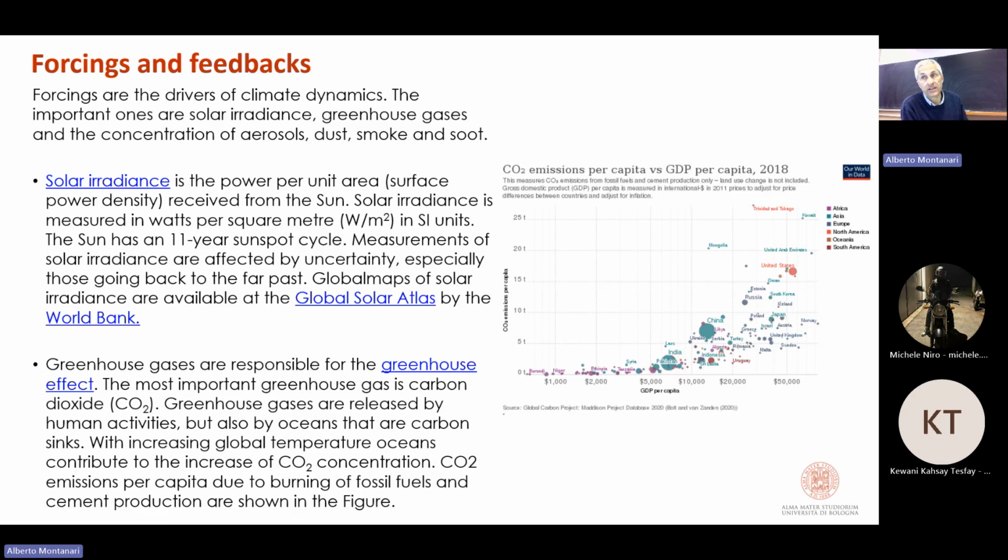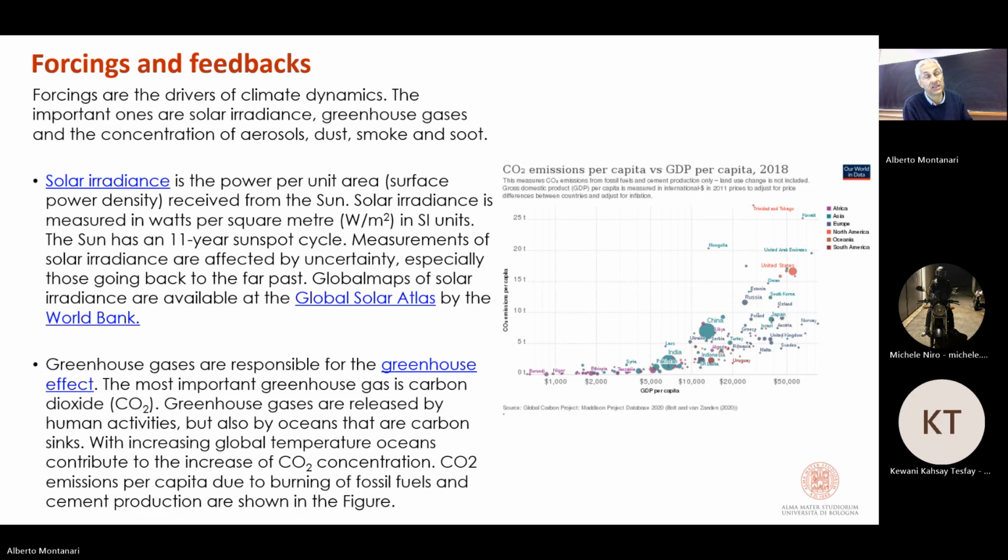What is solar irradiance? It's the power per unit area, so surface power density, received from the sun. It is usually measured in watts per square meter, the unit of the international system. Keep in mind that the sun has some cycles, and in particular there is the 11-year cycle that we identified.